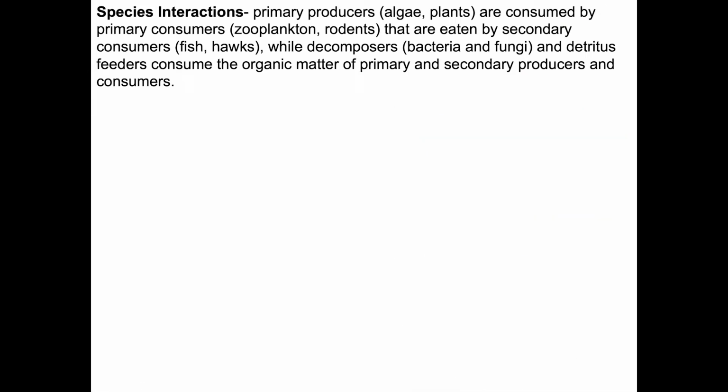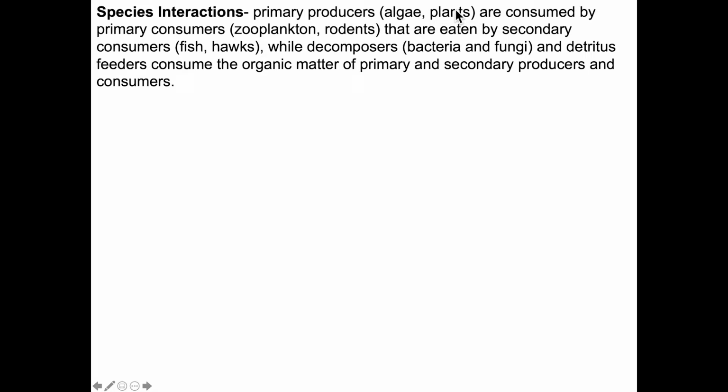Species interactions. Primary producers such as algae and leafy green plants like clover, grasses, trees are consumed by primary consumers. In the case of algae, they'd be consumed by zooplankton. In the case of clovers and trees, rodents may be the consumers. These in turn can be consumed by secondary consumers such as fish eating the zooplankton, a sockeye salmon eating a daphnia, which has been feeding on algae, or a hawk, which is eating a prairie dog, which has been feeding on clover.